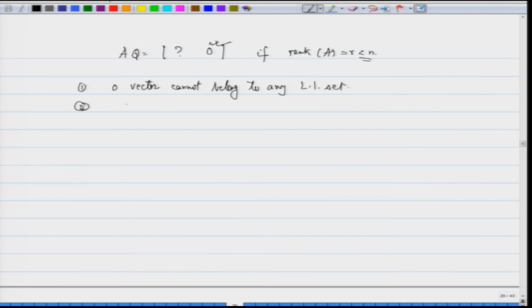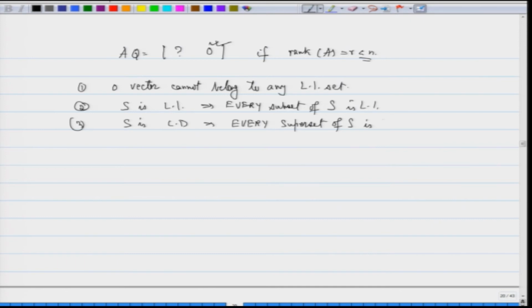Two, S is linearly independent implies every subset of S is linearly independent. Three, S is linearly dependent implies every superset of S is linearly dependent. Fine. We had all learned this. So, now the most important theorem, a very important theorem.